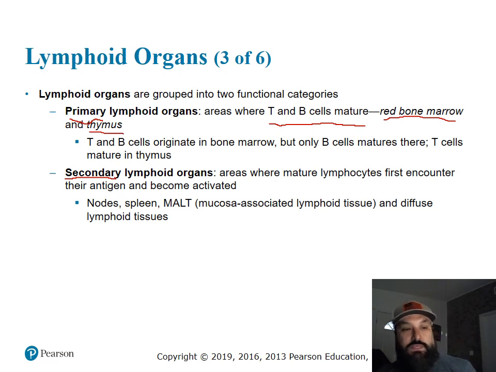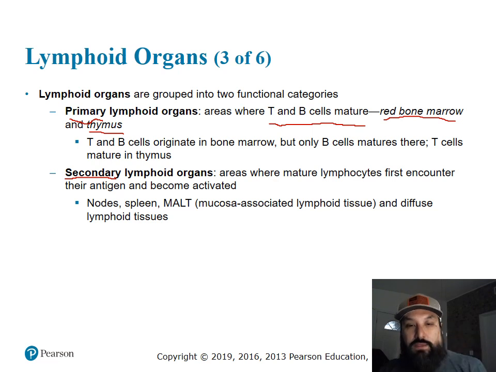So those are the two places considered primary lymphoid organs, where your B and T cells mature. Okay, so that's the key word: maturing area for B and T lymphocytes. Red bone marrow, thymus, that's where those are at, right?